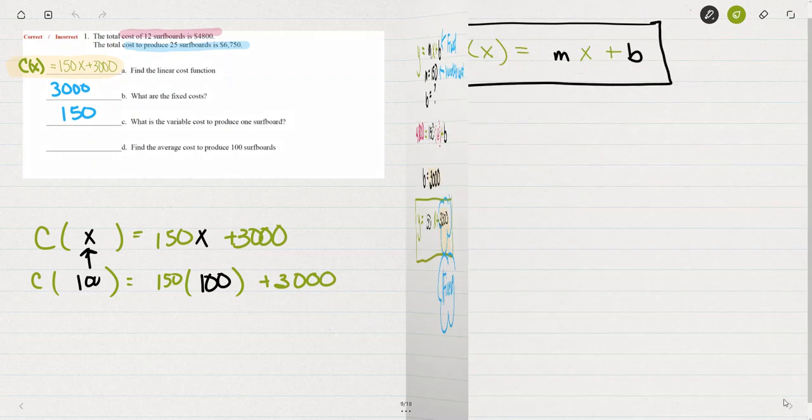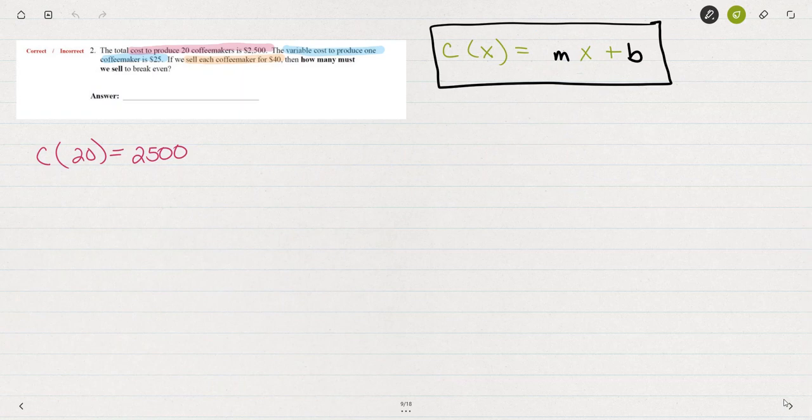Let's look at the second question, the question about coffee makers. The total cost to produce 20 coffee makers is 2,500. The variable cost to produce one coffee maker is $25, and we can sell the coffee makers for $40. How much do we need to sell so that we can break even?